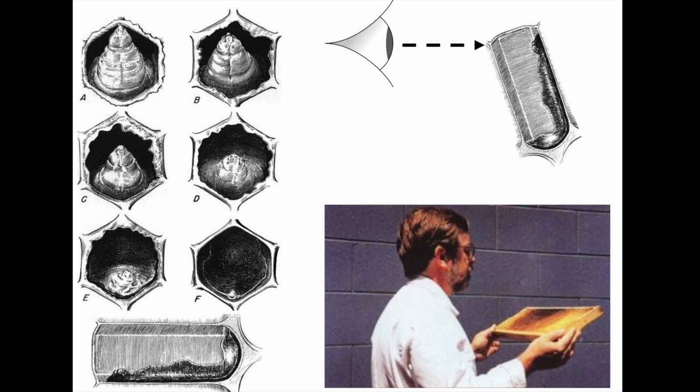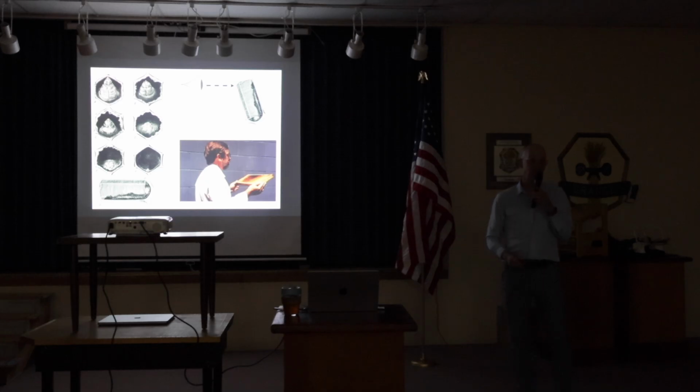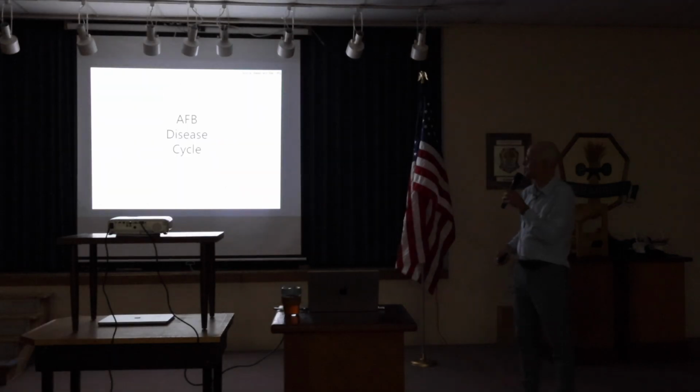It starts decomposing, and then it becomes this, what we call this scale on the bottom. The only way you're going to see it is if your eye is catching this edge. So you're looking down on the frames. And if you're buying equipment, and you're a beginner, this is why you're in the club. Get somebody who's more experienced to come with you and look at all the comb. You want to look for this.